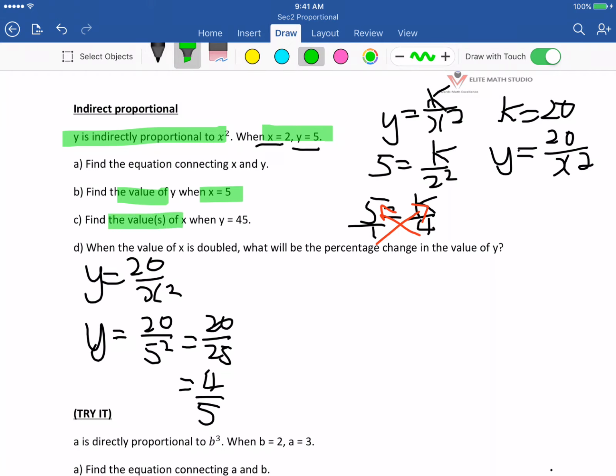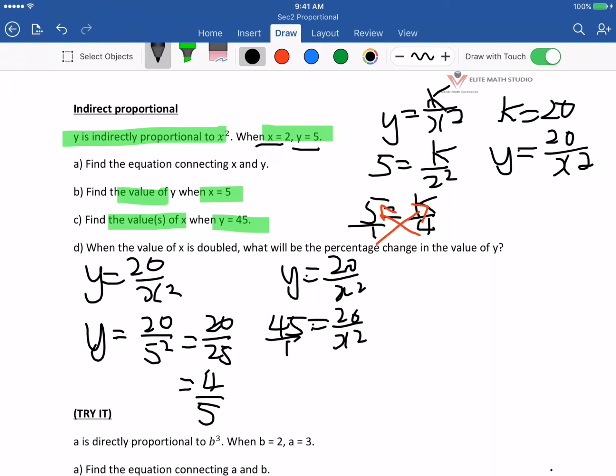Next one. Find the values of x when y equals 45. Same thing, substitute in. y equals 20 over x squared. Sub y equals 45 in, so it's 45 equals 20 over x squared. Cross multiply, so it's 45x squared equals 20. x squared is equal to 20 over 45.